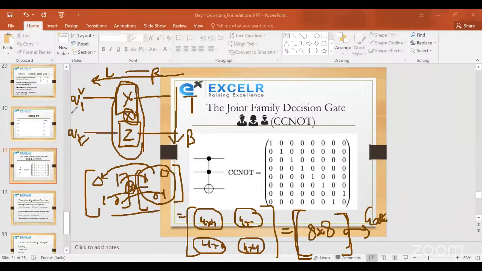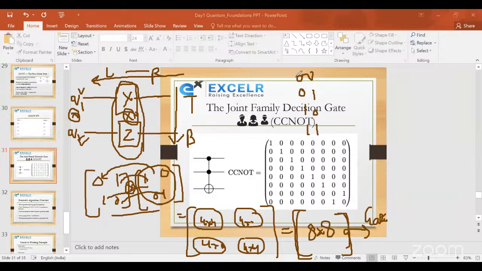Now the same thing we have to do with the inputs. Q1 and Q2 are the two inputs. So we have to take the tensor product of the inputs, right? And we know that in the two states, the basic states are 0 0, 0 1, 1 0, 1 1.